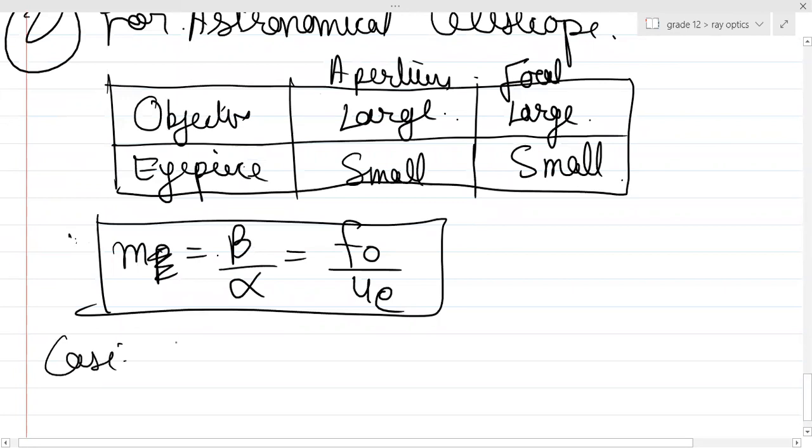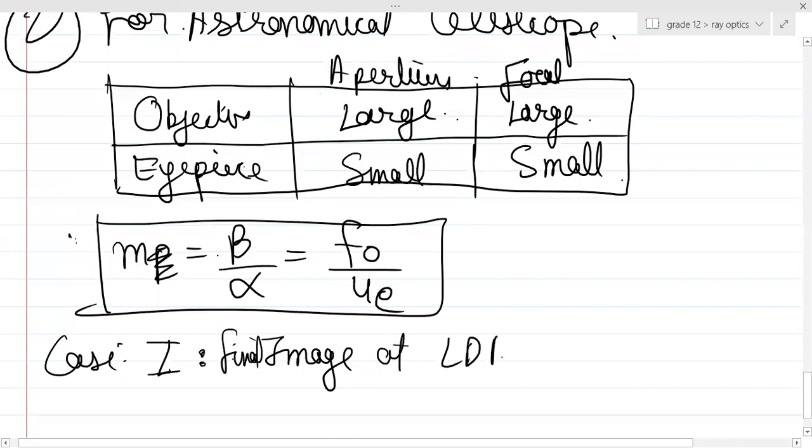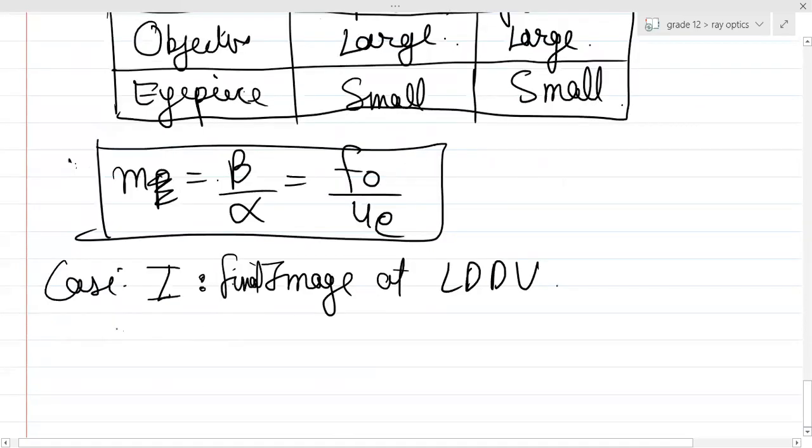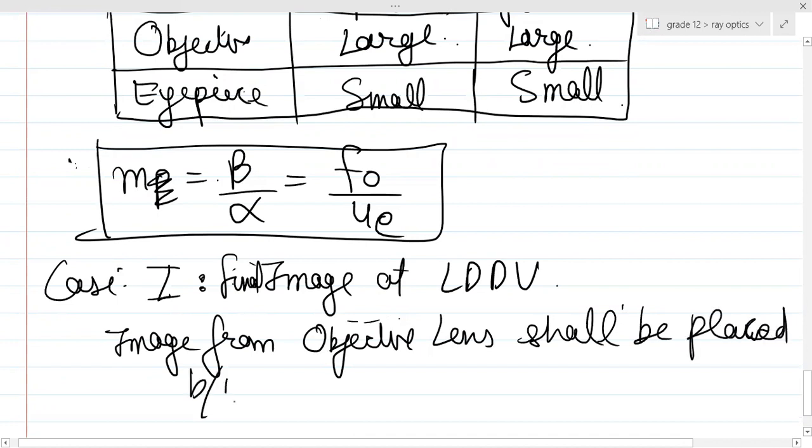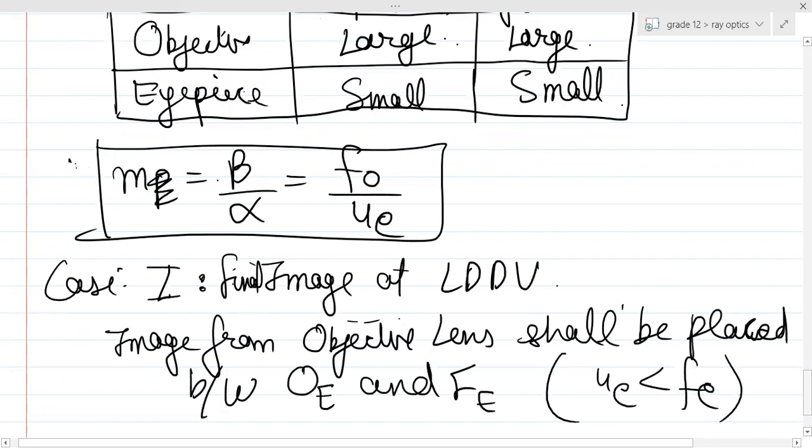And case 1, final image at the least distance of distinct vision is also wanted. Then the image from the objective lens shall be placed, now this must be clear, between the optical center and the principal focus of this particular lens. UE should be less than FE. You can see the same case.